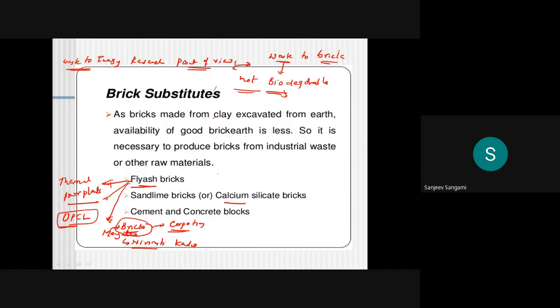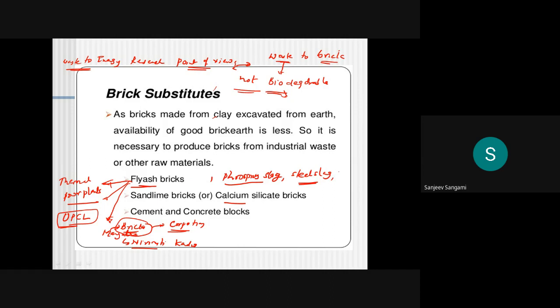Of course, along with this fly ash, we have some of the slags like phosphorus slag. A lot of effort is being made to utilize this. Then steel slag.